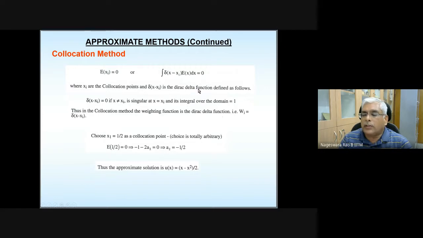In the weighted residual method, the definition is to multiply the error function with a weight function and integrate over the problem domain. For the collocation method, the weight function is the Dirac delta function, and this integral is the same as E evaluated at xi.